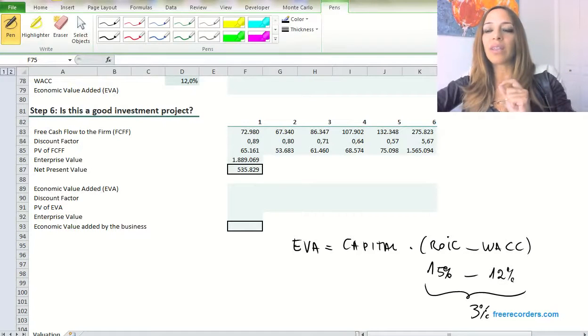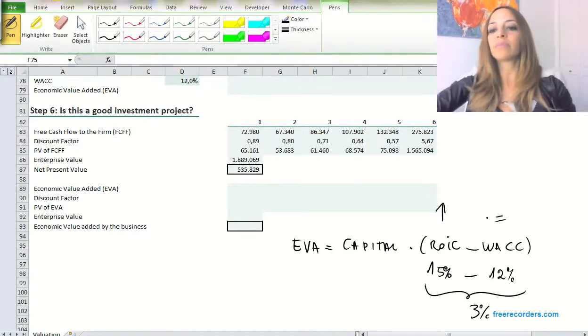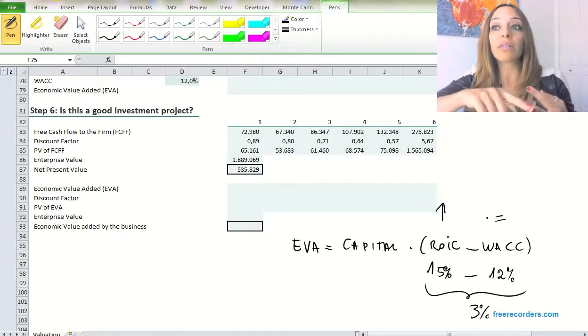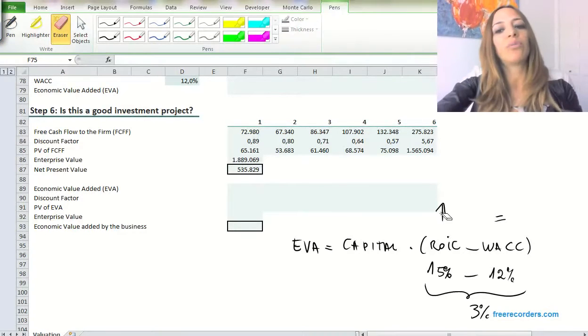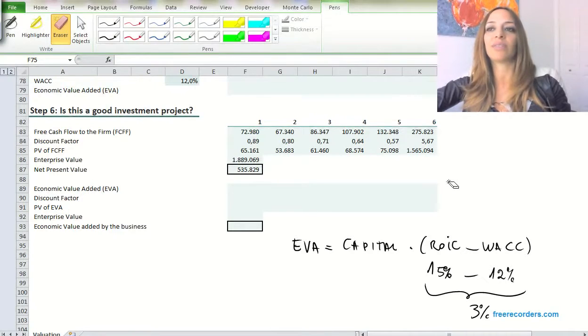So now, what can you do to increase value? Well, you could increase the return, maintaining, of course, the risk. That could be done by, again, increasing margins or increasing turnover. Or if not, let's say you have no more ideas to increase margins, you have no more ideas to increase turnover, but you can grow and still be efficient.